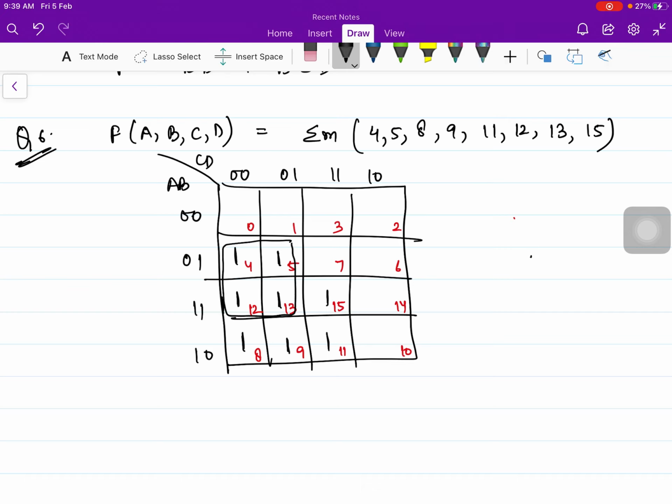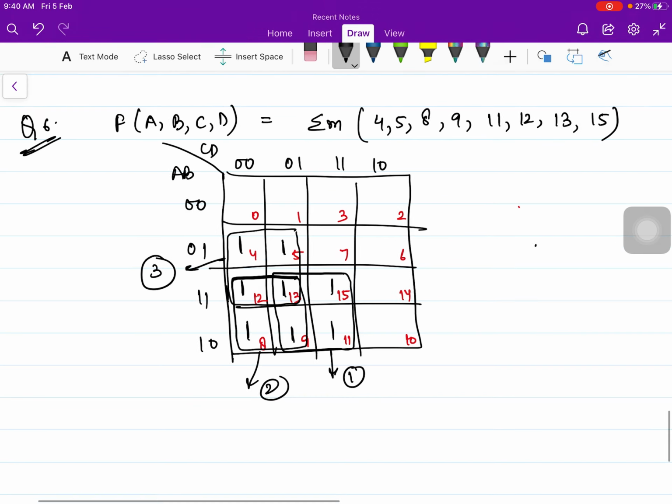So this is one group. These two ones can only be grouped like this, and block number 15 and 11 have to be included in a group of 4, and for that we can already use the other ones. So this is the first group, this is the second, and this is the third one.